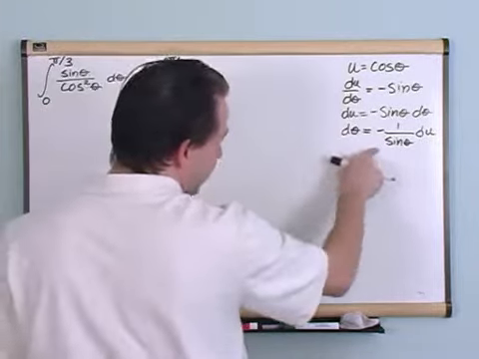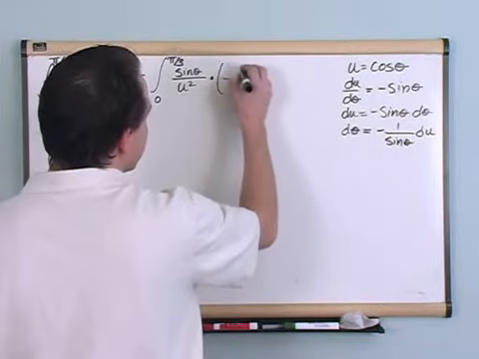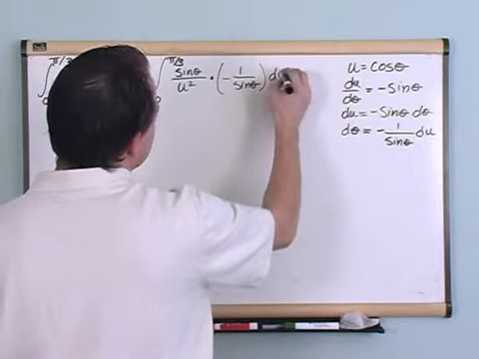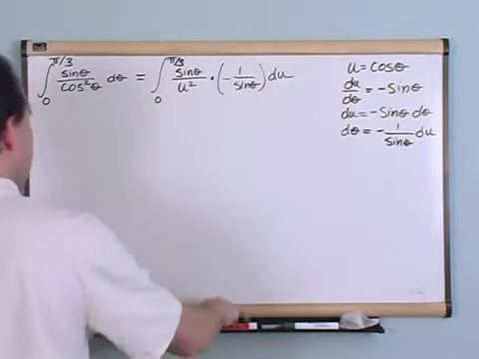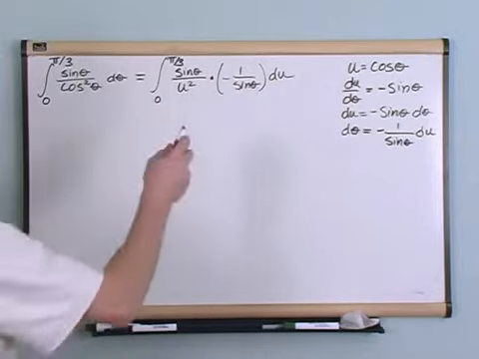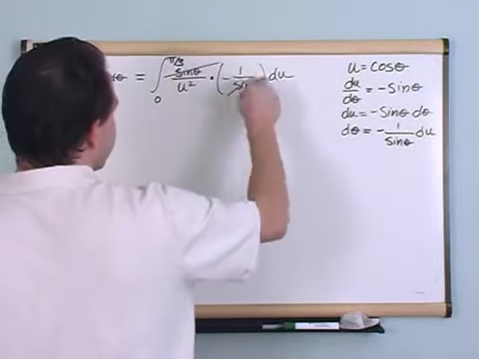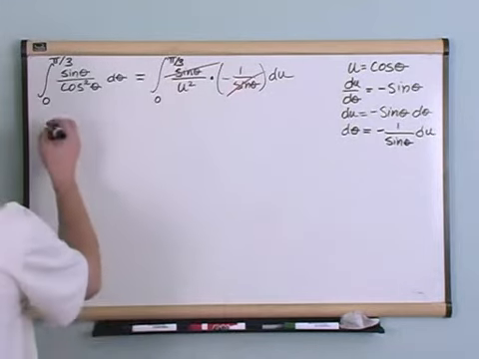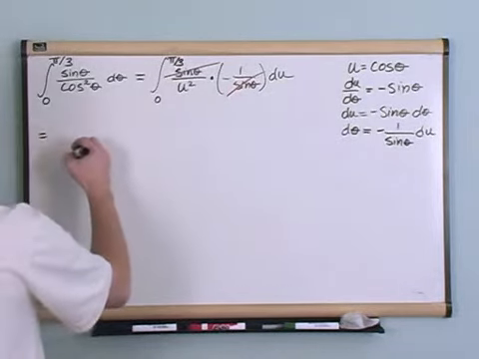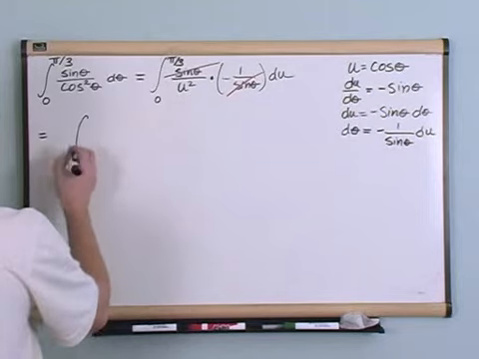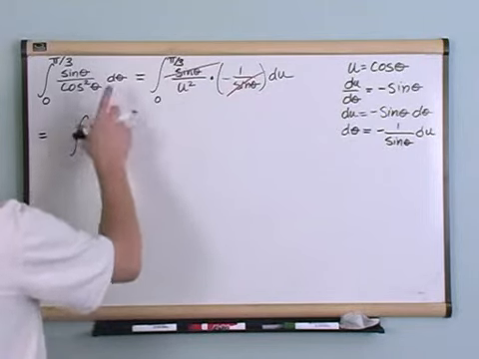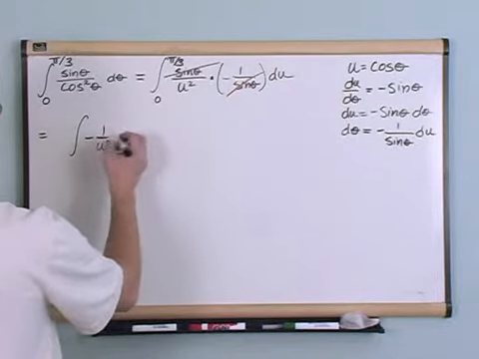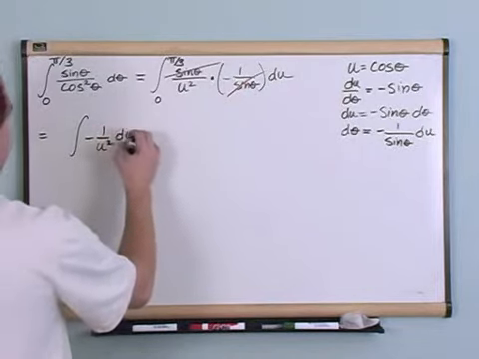But the d theta I've defined right here, so I'm going to have negative 1 over sine of theta times du. And you know you've done a good deed, because when you do this substitution, this stuff cancels. Of course, I've got a negative sign that didn't cancel, but the main thing canceled, and that's the most important thing. I'm going to leave the limits out for a minute, but we're going to go back in just a second. Negative 1 over u squared du.